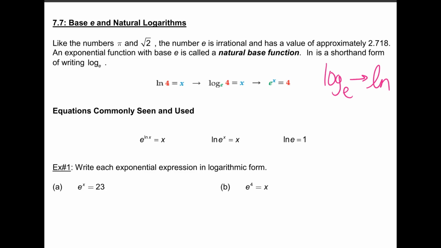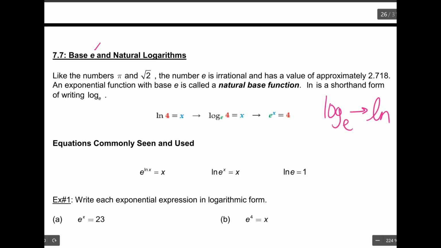E stands for Euler. He's a famous mathematician. I'm sure you've heard of him in geometry. If you ever take calculus, astrophysics, or anything with more math, you'll hear of him again. He was absolutely brilliant. He came up with so much stuff.